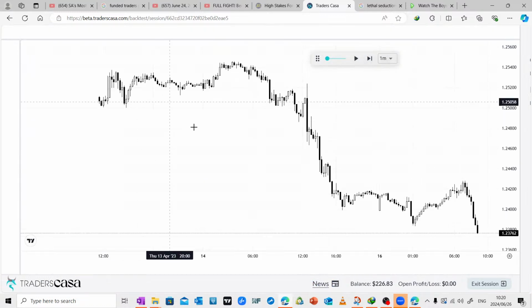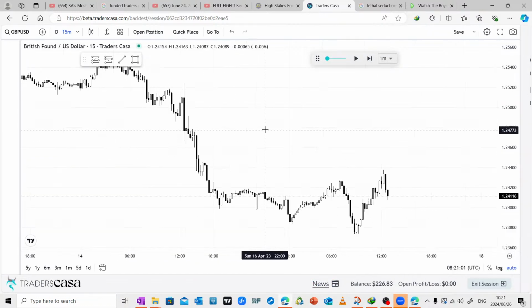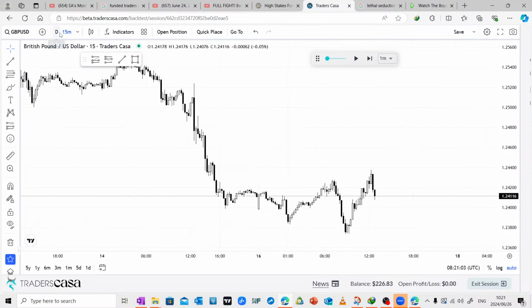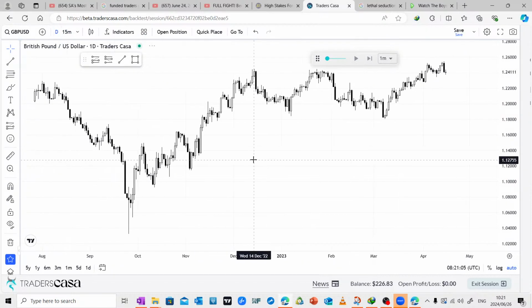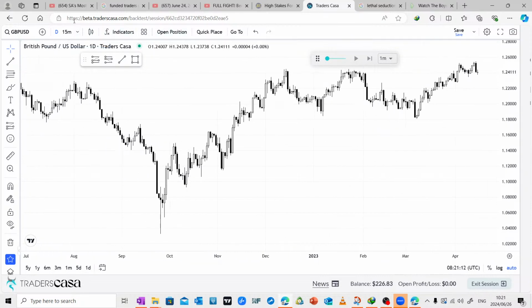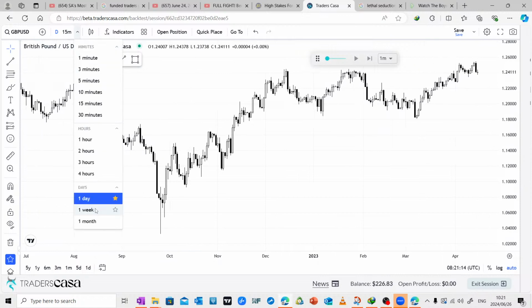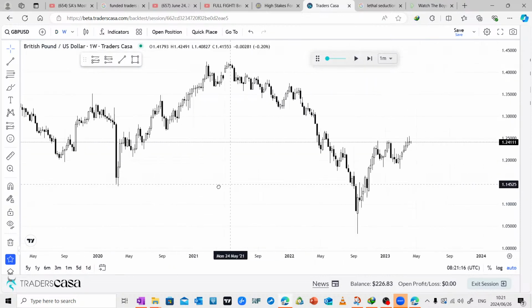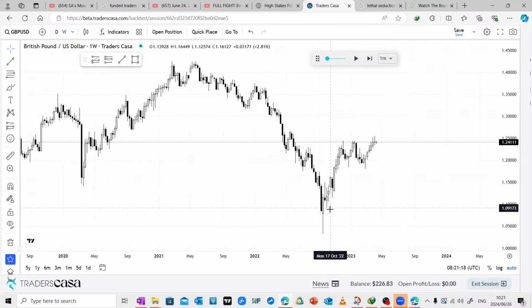Alright. So for the backtesting that I'm trying to do, first of all, I'm going to hop on the daily time frame. Of course, I can see we're kind of bullish. And then usually what I do is jump on the weekly. Now you can see we're clearly in a downtrend, and now we're sort of going into an uptrend.